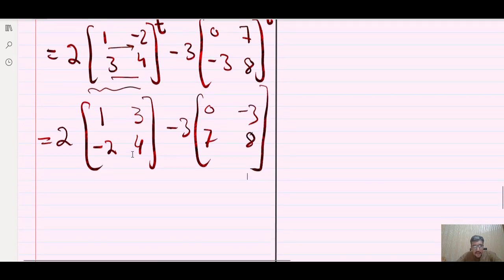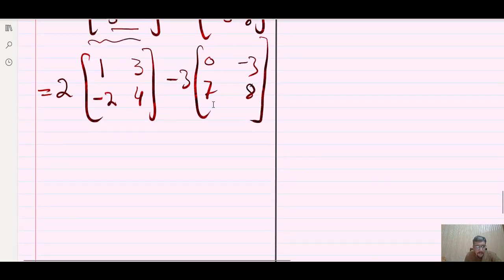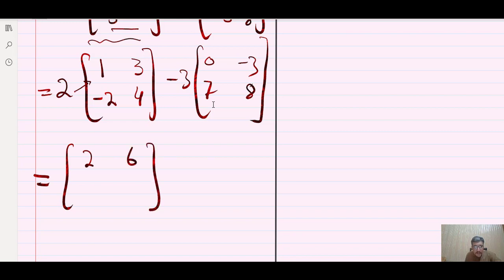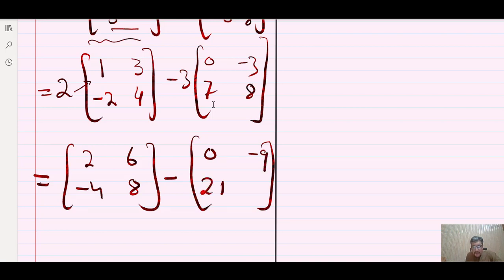Now you multiply 2 and 3 with the matrices. When you multiply by 2, it gives you 2 multiplied by 1, 2, 2 multiplied by 3, 6, minus 4 and 8. Minus, you have to multiply by 3, 3 into 0 gives you 0, 3 into this one, it will be minus 9, 3 into 7 gives you 21, 3 into 8 is 24.